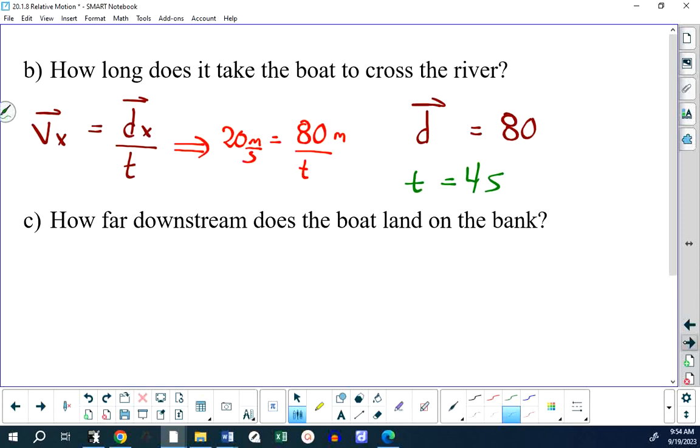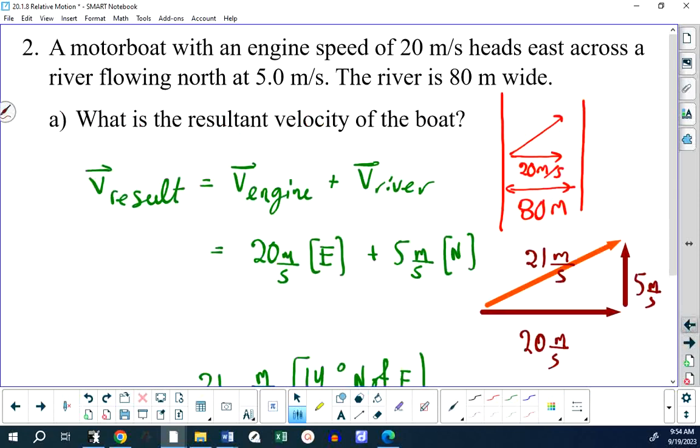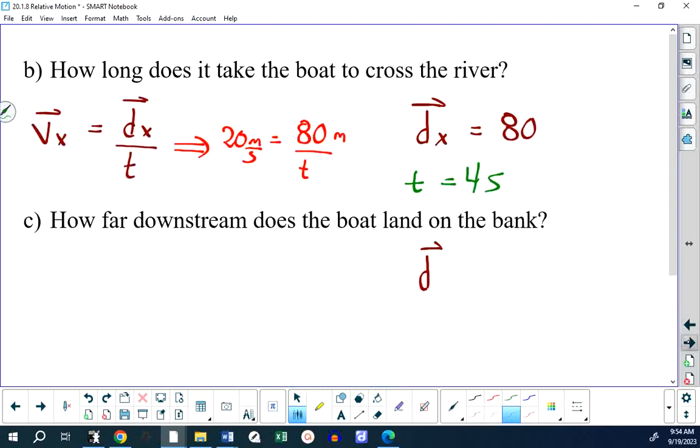Well, this time what you're asked to find is a D. Remember up here, this D was a horizontal, but downstream, when you look at the diagram, downstream means vertically, because the boat is going to land up here someplace, and what you're asked to determine is that distance, which is a vertical or north component of the motion. So this is a y component.